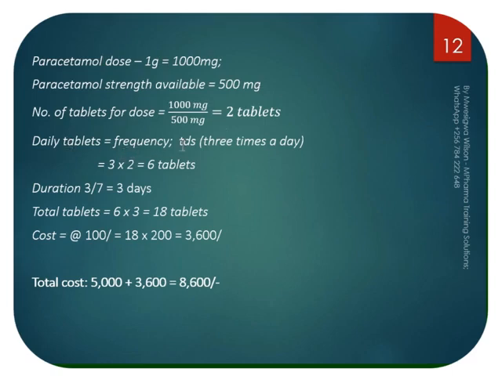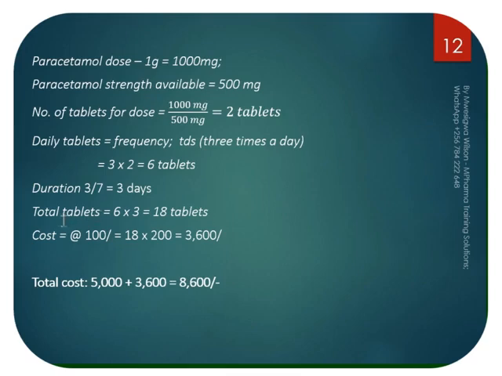Daily tablets, the frequency in a day is TDS, 3 times a day. So 3 times 2, giving me 6 tablets. Duration is 3 days. Total number of tablets is tablets per day times the number of days, giving me 18 tablets.